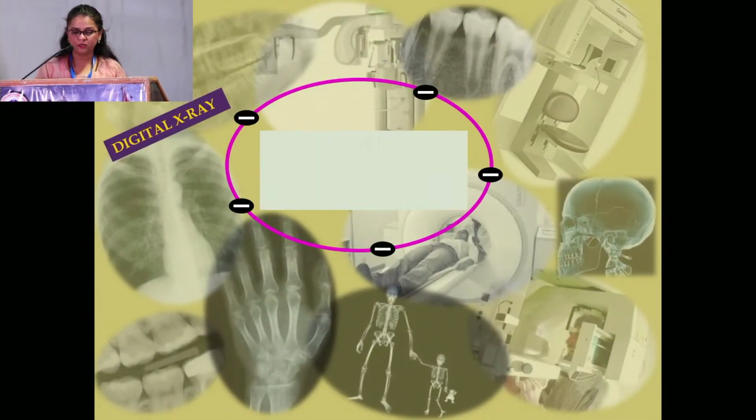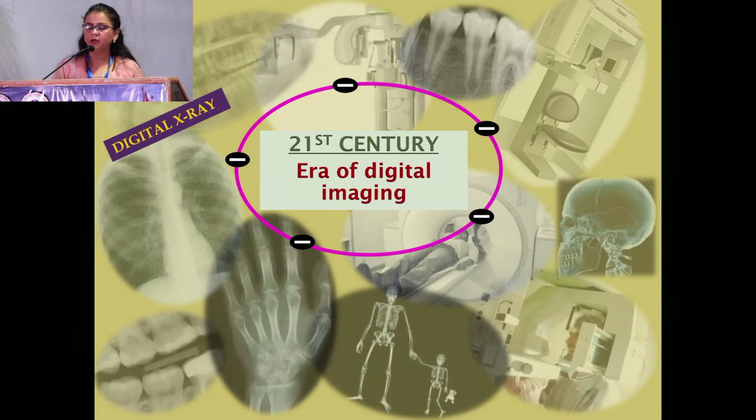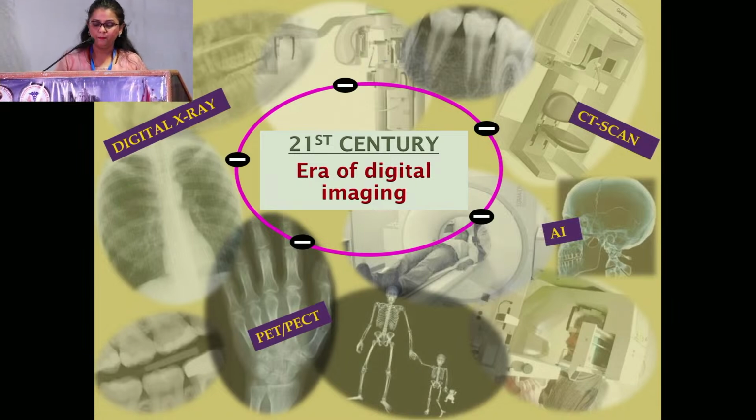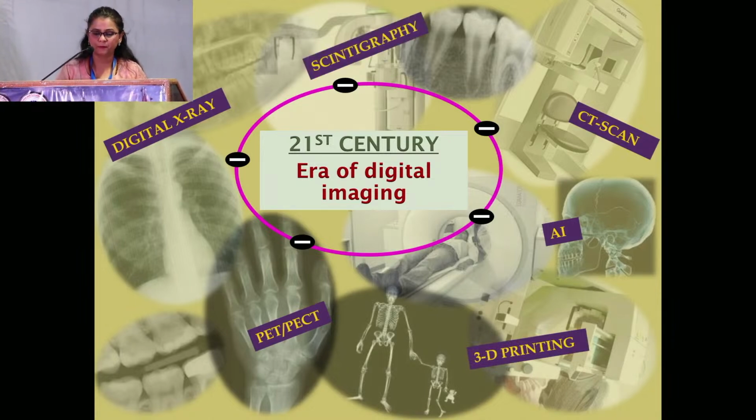So we have moved from analog machines to the era of digital imaging, into RVG, CT scan, CBCT, PET CT, and now what we have is AI. This is the future of radiology, artificial intelligence.